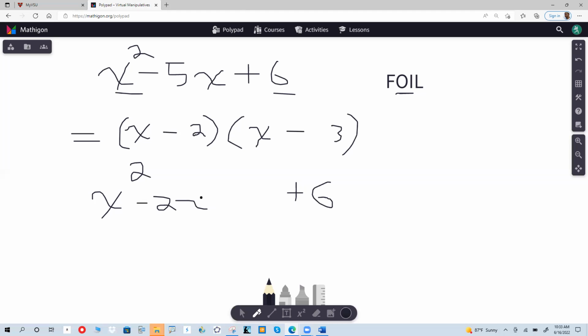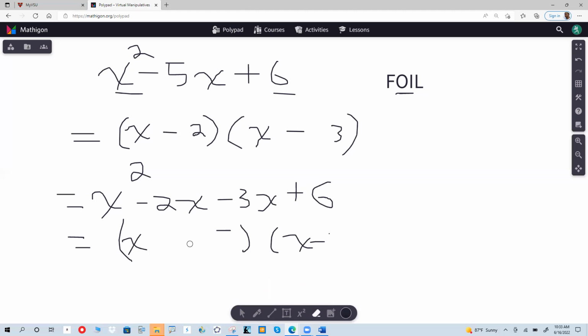Minus 2x, minus 3x, and that turns out to be correct because I'm going to write it x squared minus 5x, sorry, x minus 5 times x minus, no, I messed up a little bit. Let me fix that, guys.